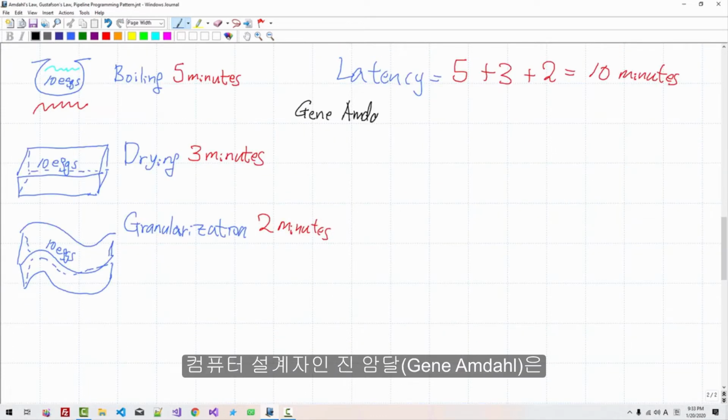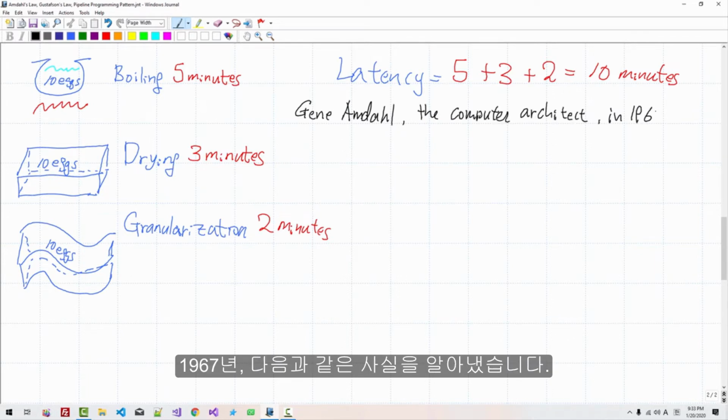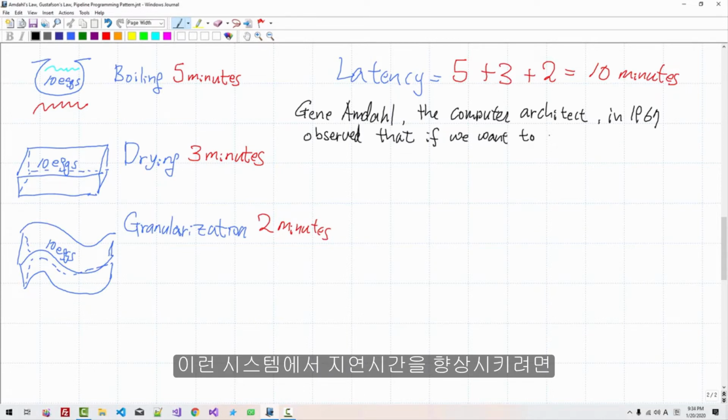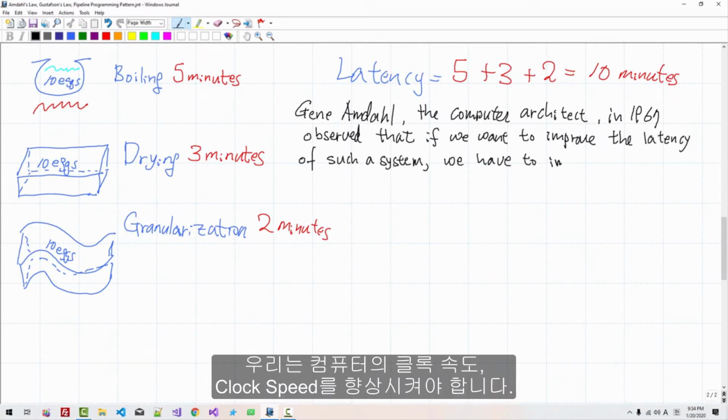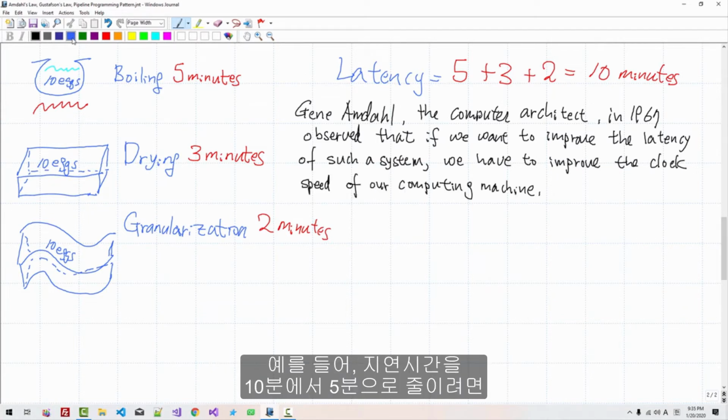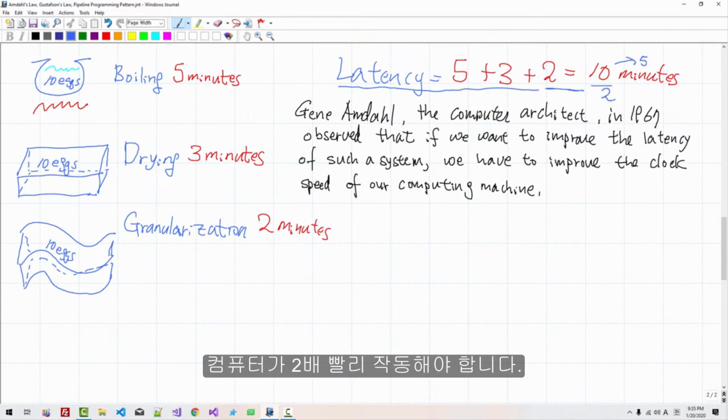Gene Amdahl, the computer architect, in 1967 observed that if we want to improve the latency of such a system, we have to improve the clock speed of our computing machine. For example, if we want to reduce the latency from 10 to 5, then our machine should run 2 times faster.